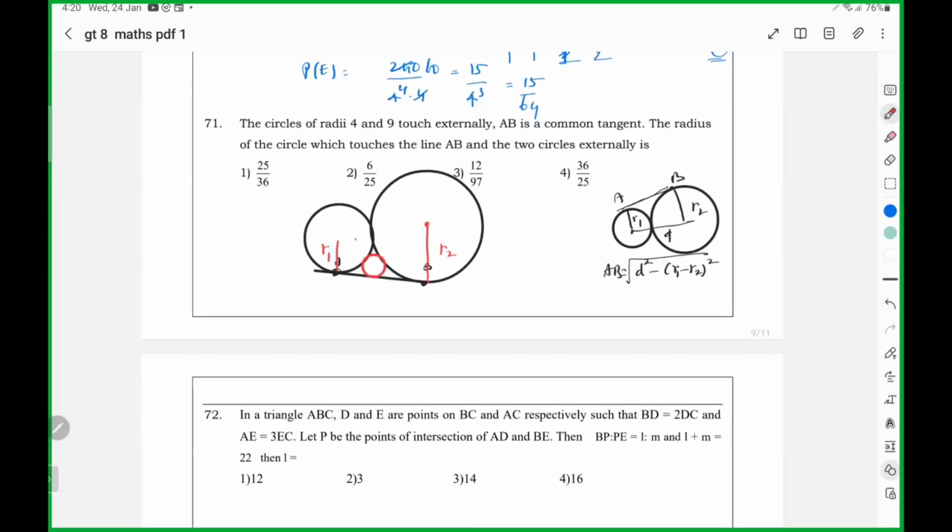Let us say its radius is R. Then A, B, C. And another formula: they touch externally means D equals R1 plus R2. AB will be under root R1 plus R2 whole square minus this, which is 4 R1 R2, which is 2 root R1 R2.